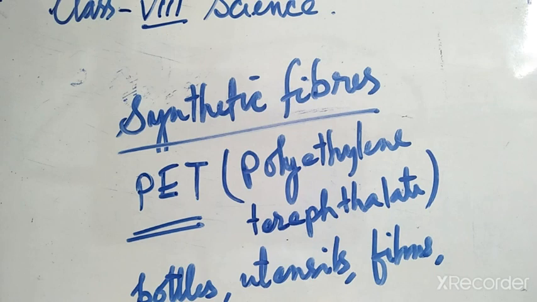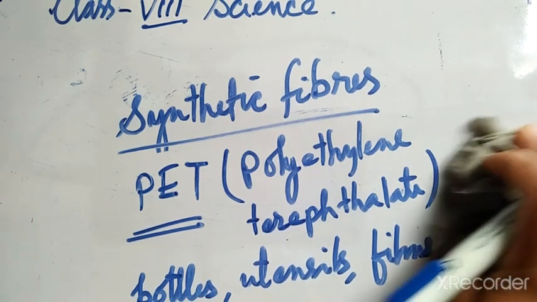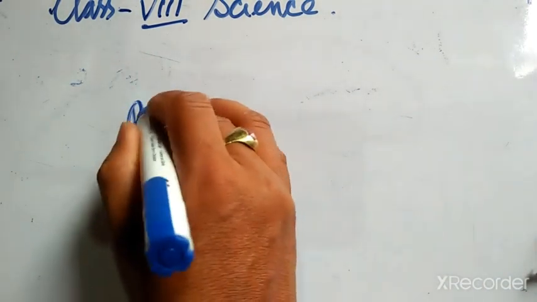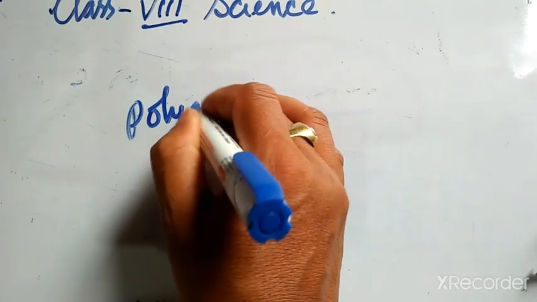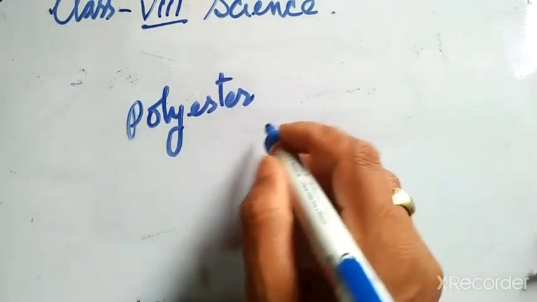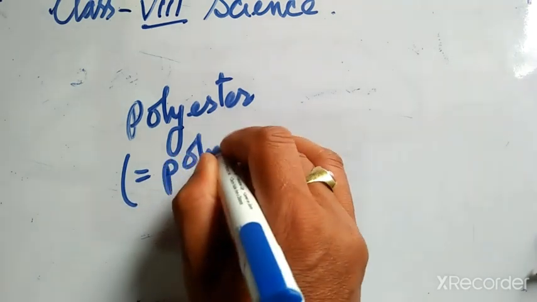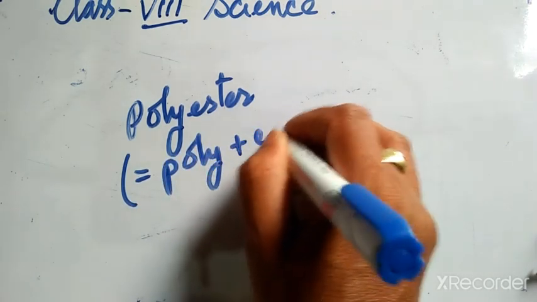So PET is one of the polyesters. Polyester means poly plus ester.